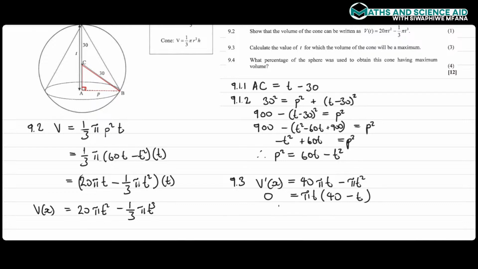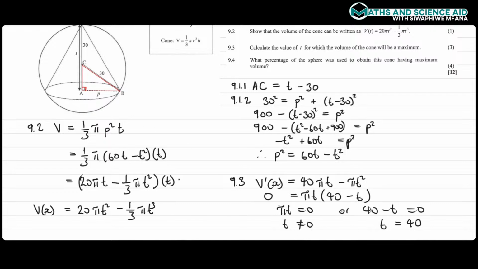And then from this, we can say pi t equals 0, which means that t equals 0, or 40 minus t equals 0. If you solve this, you'll get that t equals 40. And obviously t cannot be equal to 0, right?